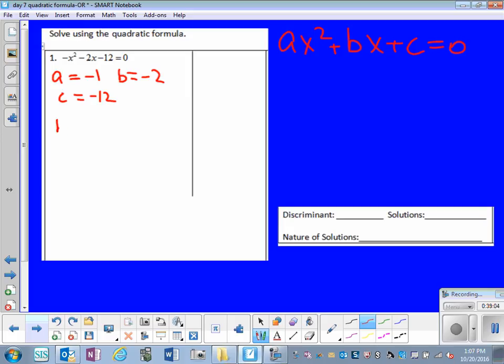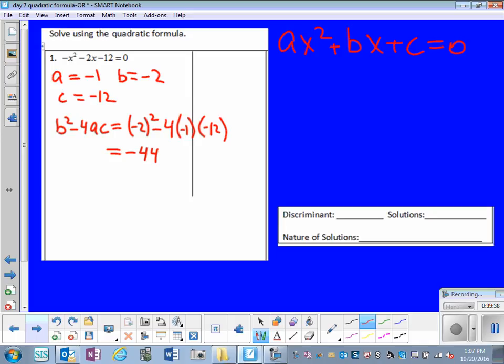Okay, so my discriminant is b squared minus 4ac equals b squared, negative 2 squared, minus 4 times negative 1 times negative 12. Right? So that gives me what? 4 minus 48, that's minus 44. Check me. I have negative 44. Oh.